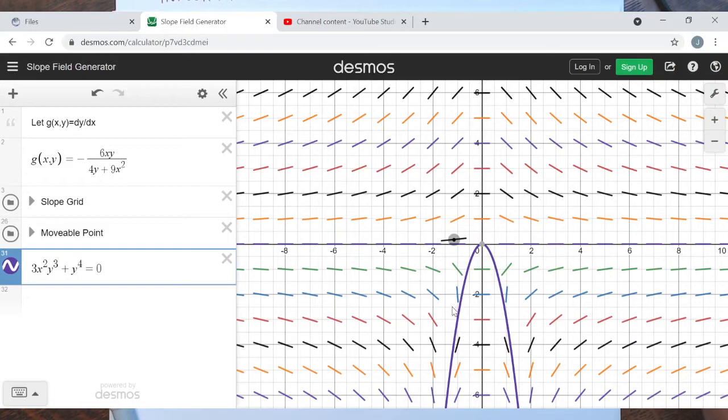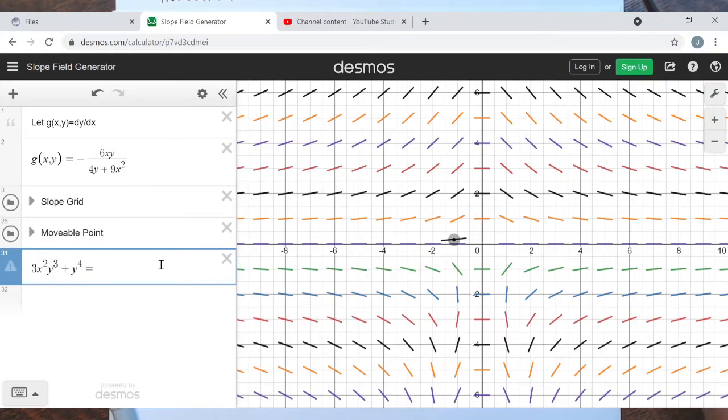There we go. You see these slope elements are pointing up, the curve is pointing up, these slope elements are pointing down, the curve is pointing down. You have horizontal slope elements here, the curve is horizontal. So it looks like our solution curve is matching this slope field pretty well.